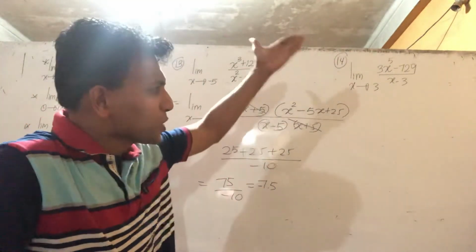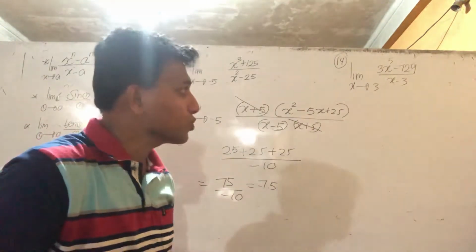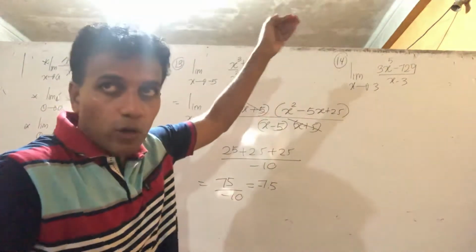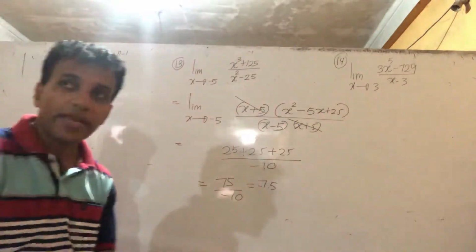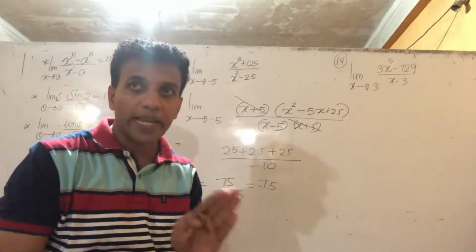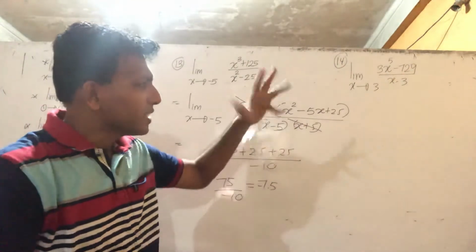So directly substitute: 3 to the power 5 is 243, minus 243, 0. Numerator 0, below 0, so one of the meaningless forms. As I said in the last video, there are 7 indeterminate forms, or meaningless forms, right? Never use any other method.